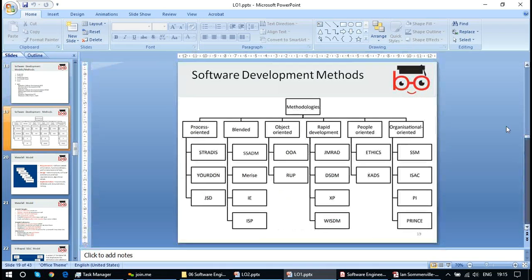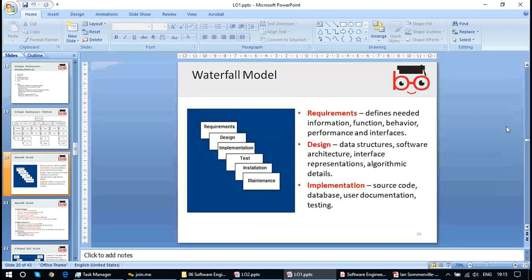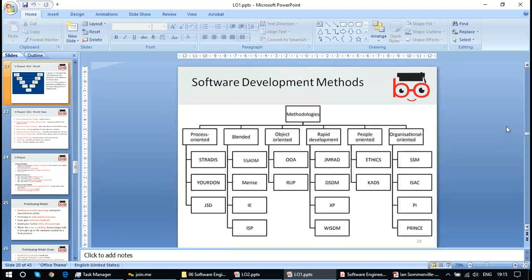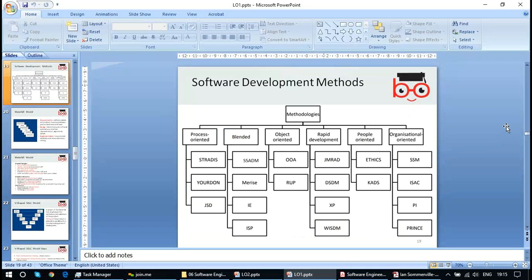So if we have a look at this, a kind of hierarchical tree, certain methodologies fall under these categories, like process oriented, blended, object oriented, like OOA and RUP, and rapid.